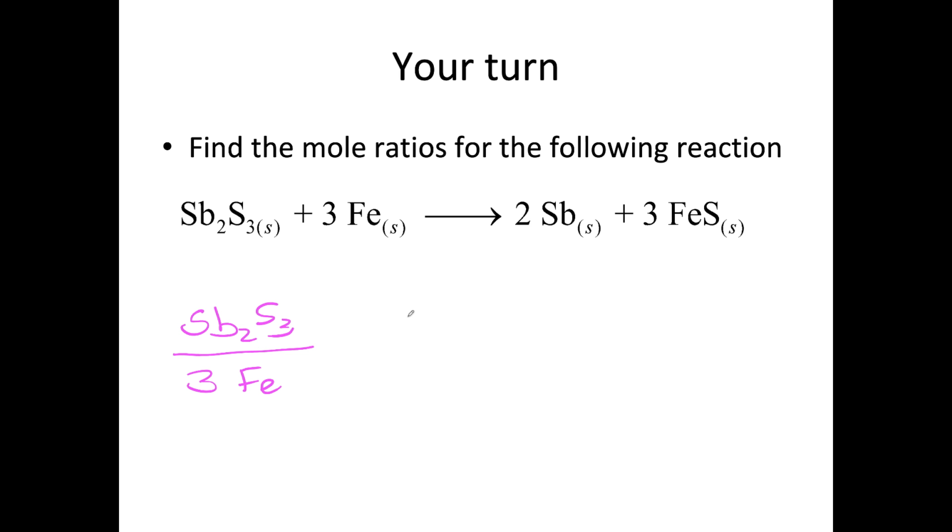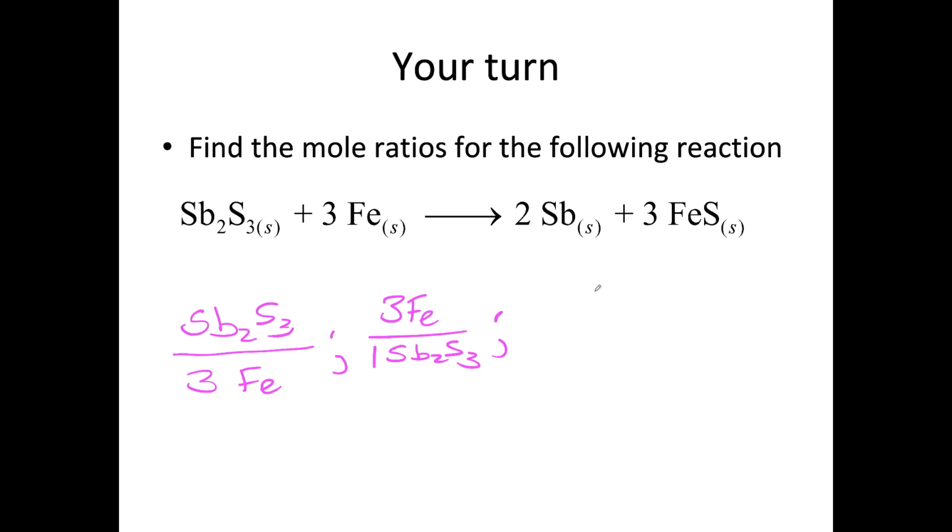I can also have 3 Fe to 1 Sb2S3. Now, you don't have to put the 1. You can put a 1 here, but you don't have to, because if there's nothing in front of it, you assume you have 1.